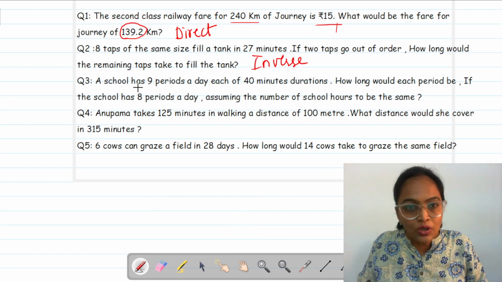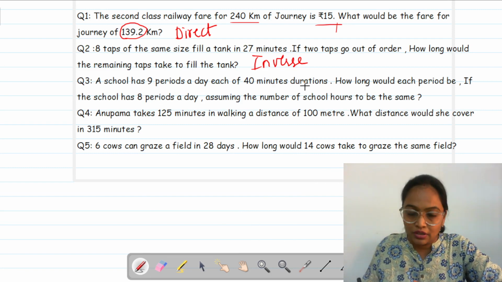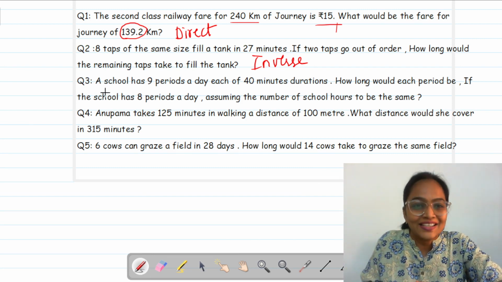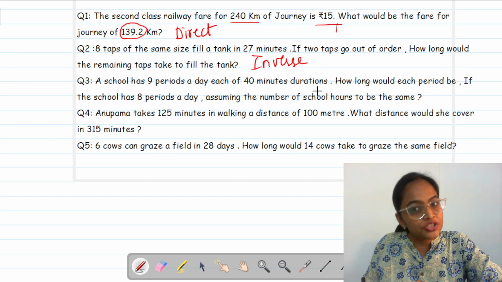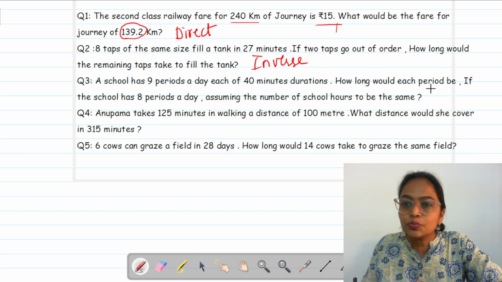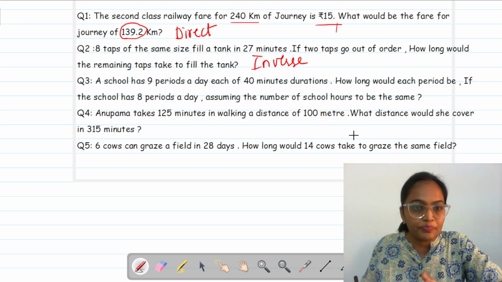Now a school has 9 periods a day, each of 40 minutes duration. How long would each period be if the school has 8 periods a day, assuming the number of school hours to be the same?